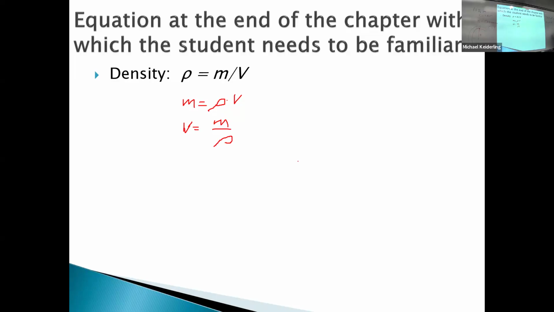Now let's say I was dividing. Let's say I had 9.0 times 10 to the 13 over 3.0 times 10 to the, I don't know, 6. So again, first we divide the fronts. 9 divided by 3 is 3.0.